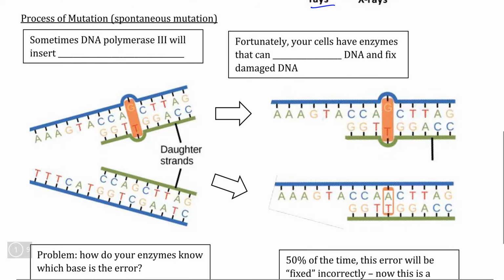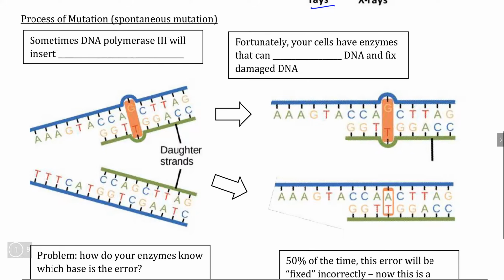But what we can do is look at the step-by-step process of how a mutation is actually created using a spontaneous mutation caused by an error of DNA polymerase 3 when it inserts the wrong nitrogenous base into a DNA sequence.